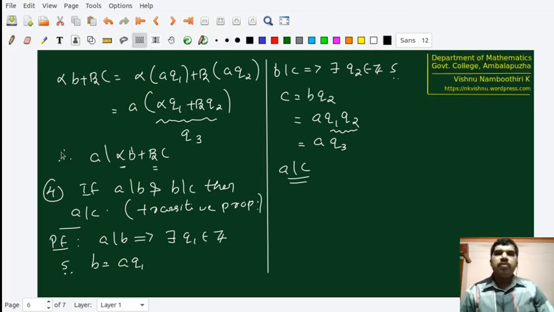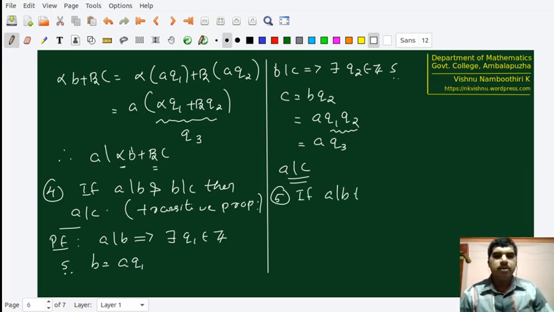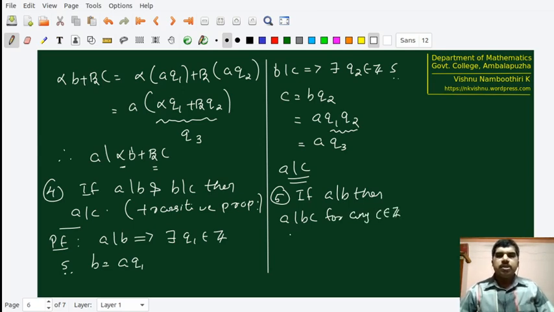Now we will verify one more property of divisibility. The fifth one is the following. If A divides B, then A divides BC for any integer C. This is much simpler. A divides B is given.